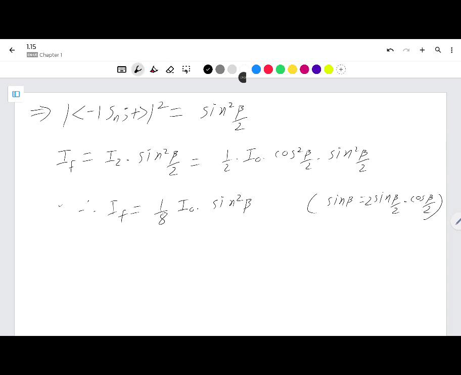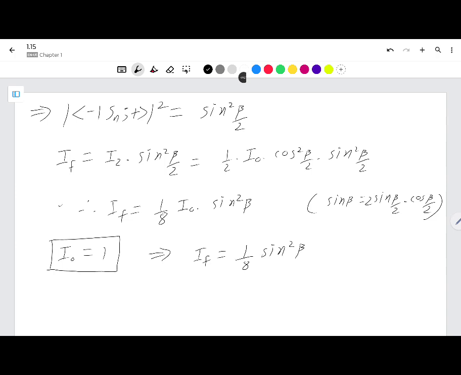They have asked that if the initial intensity is normalized to unity, then the final intensity is 1 by 8 sine squared beta.